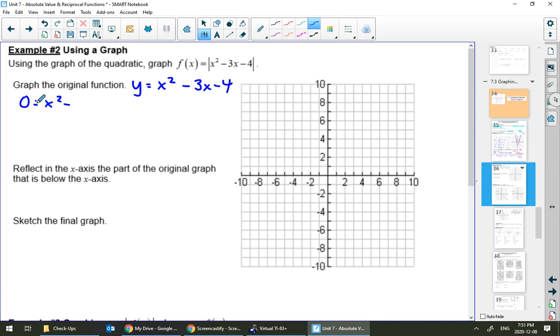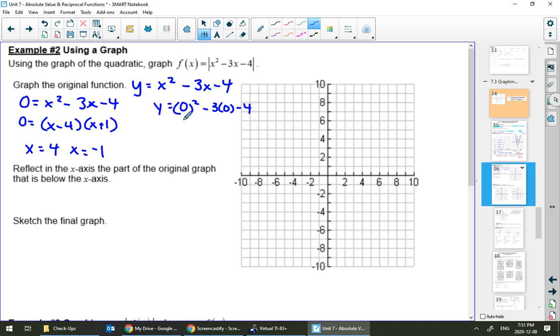So we have 0 equals x squared minus 3x minus 4. When we factor that, we have (x minus 4)(x plus 1). And that gives us x equals 4 and x equals -1. Now looking for our y-intercept, we would have y equals 0 squared minus 3 times 0 minus 4.